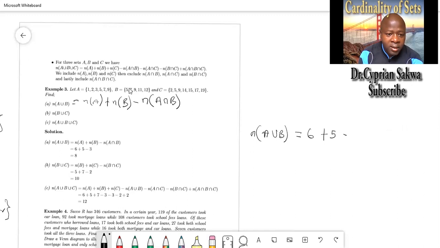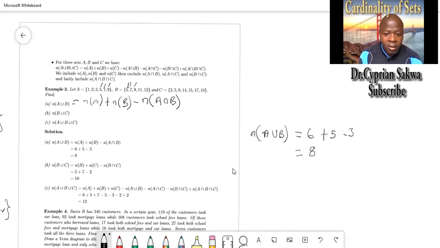I can see that 5 and 7 are in both sets, and even 9. They're in both sets, so they are in the intersection. So we have 3 elements in the intersection. And what does this give us? This is 11 minus that, and that gives us 8 elements. So the union of A and B has 8 elements.